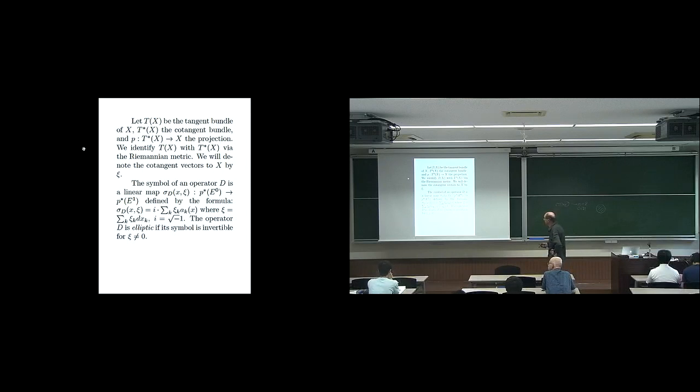The symbol is a certain map between vector bundles. You lift it to the cotangent bundle, so it will depend not only on the point.